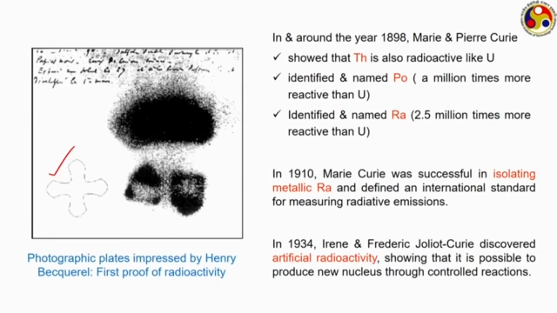But Irene and Frederick Joliot-Curie jointly received the Nobel Prize soon after their discovery of artificial radioactivity, because this discovery showed that it is possible to control radioactivity, and therefore it is possible to control the phenomenon of transmutation. That means, if we can provide proper conditions, we can convert one nucleus to something else almost as per our wish. That is definitely something path breaking, which led to several kinds of discoveries in future.